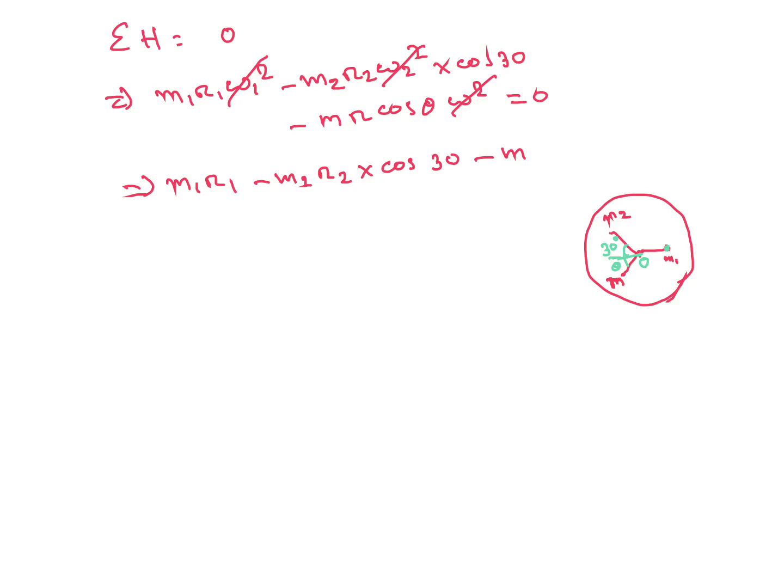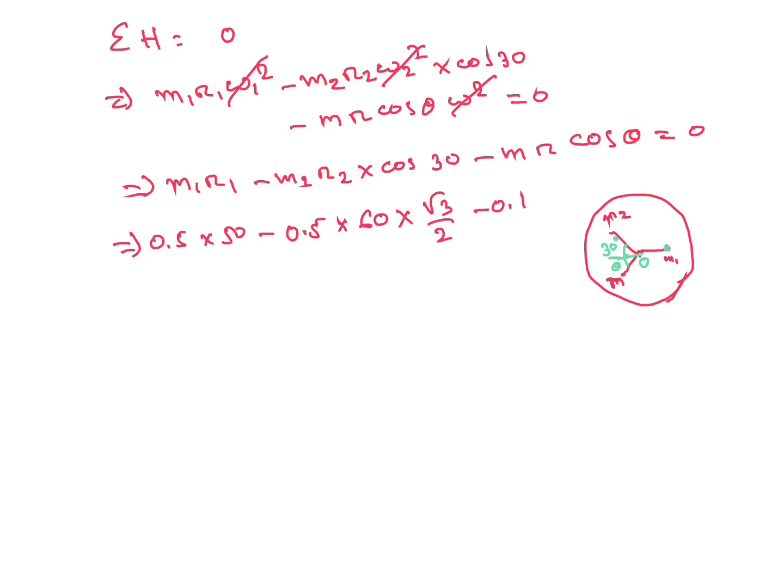So put the values. 0.5 into R1, which is 50 mm, minus M2 also the same 0.5, R2 is 60 into cos 30 which is root 3 by 2, minus 0.1 r cos theta equal to 0.